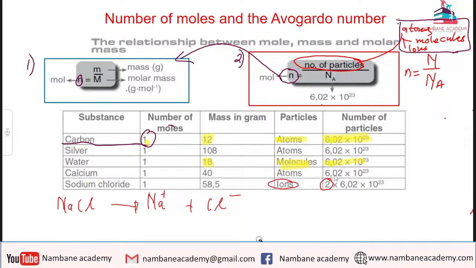So with that being said, I will have to check, especially when I work with ions, what it is that I have. The dissociation of the compound into its ions is very, very important.